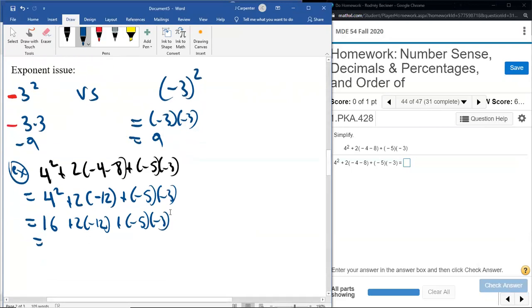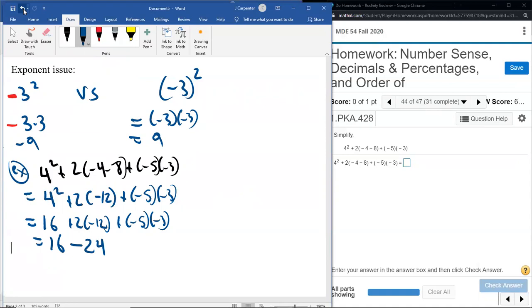Now our exponents are done, so we're up to multiplications and divisions in the order seen from left to right. Here's a multiplication. Here's a multiplication, do them from left to right. Leave the 16 alone. 2 times -12 is -24. Now you can either write this as plus -24, or you can write this as, in my opinion, the more preferred way at our level, minus 24.